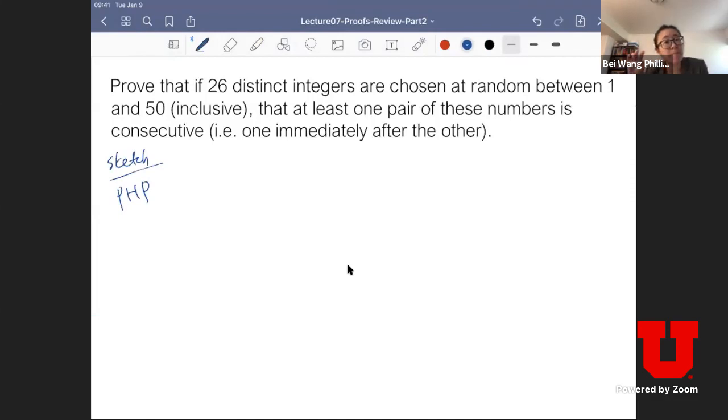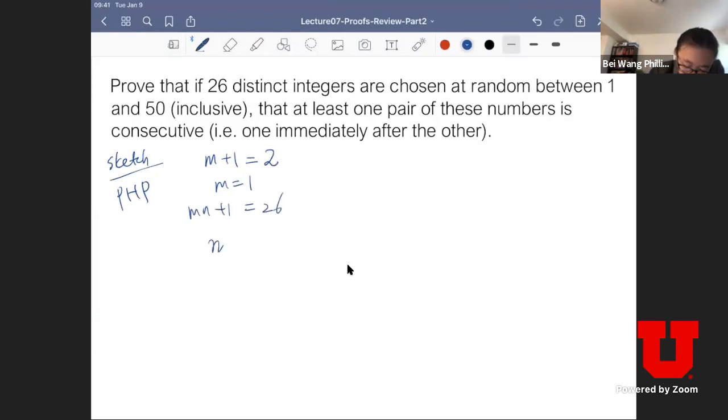So when you say one pair, okay, one pair, that means what? That m plus 1 is equal to 2. So m is equal to 1. And then we have 26 objects. So n plus 1 is equal to 26.